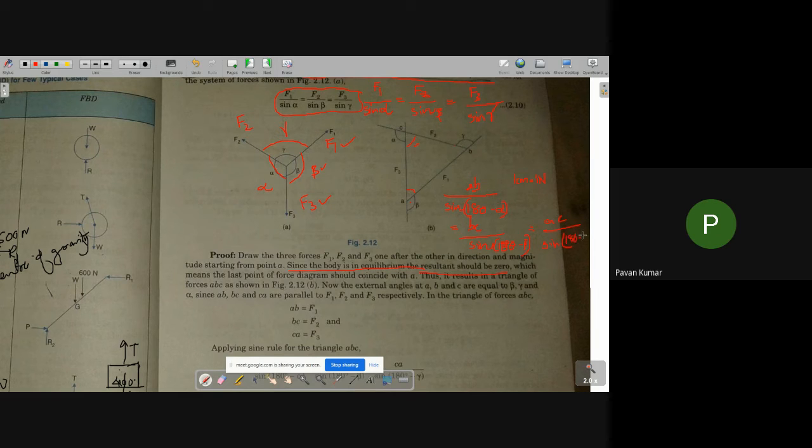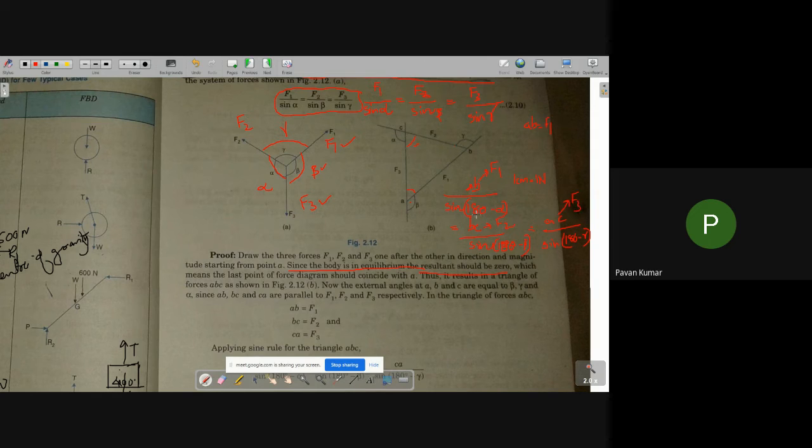We already know AB is F1, BC is F2, and AC is F3. By substituting, we get F1 by sine 180 minus alpha, equal to F2 by sine 180 minus beta, equal to F3 by sine 180 minus gamma.